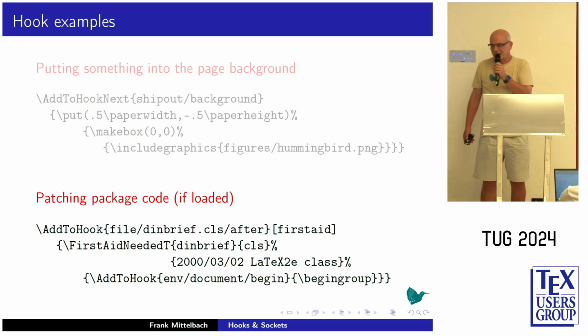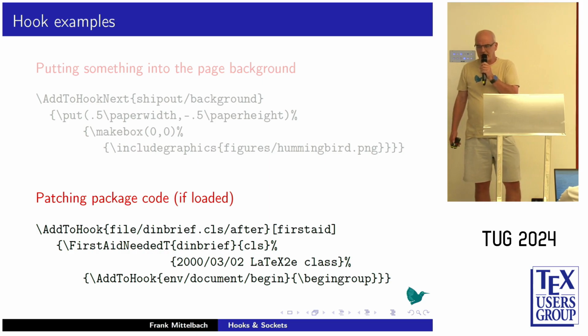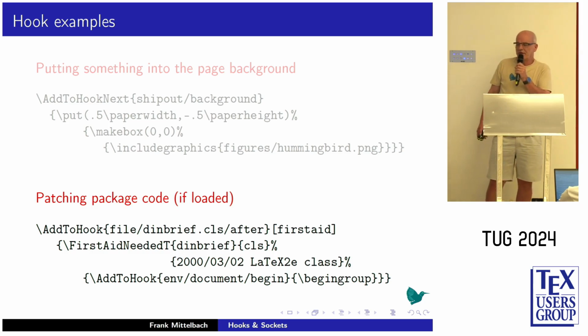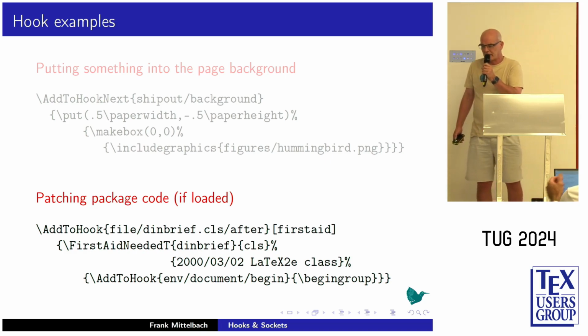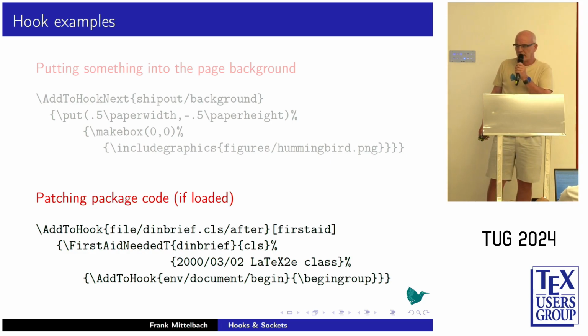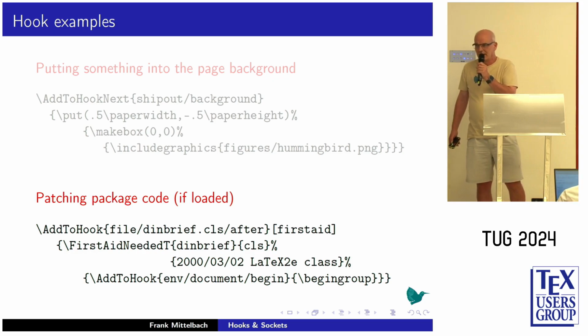So what this does is it adds code to the file after the file deanbrief.cls is loaded. That's the first hook. It is executed after this file is loaded. Then this first aid needed, this is just a test to make sure that we are actually patching the class the way we think it is.